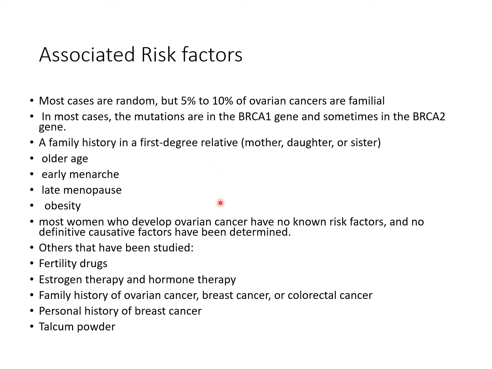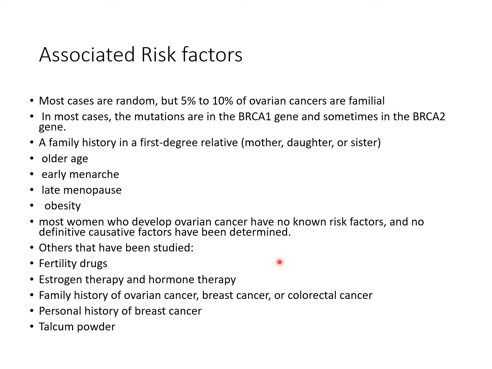So a family history in a first-degree relative: mother, daughter, or sister. We're talking about risk factors here: older age, early periods or early menarche, late menopause, obesity. Most women who develop ovarian cancer have no known risk factors, and no definitive causative factors have been determined. There's a whole bunch of other reasons why people think that women may end up with ovarian cancer.